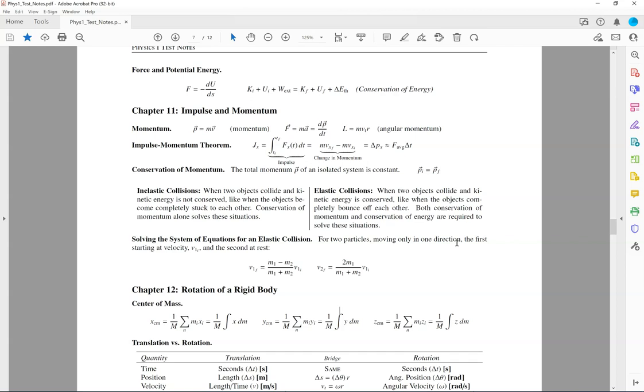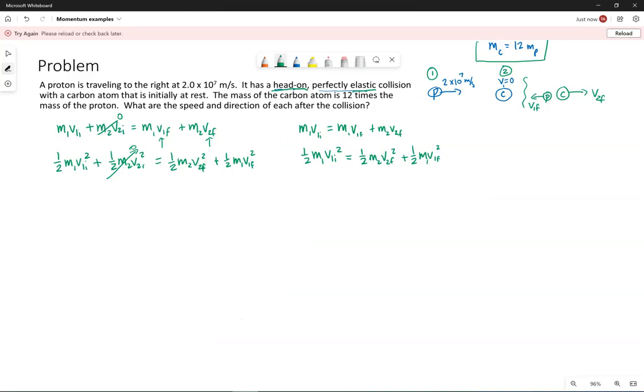These resulting equations come from solving for either V1 final or V2 final and substituting it into the other.